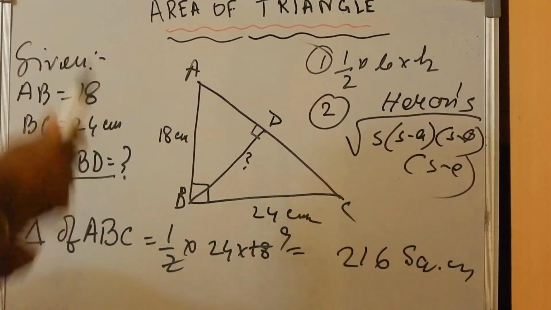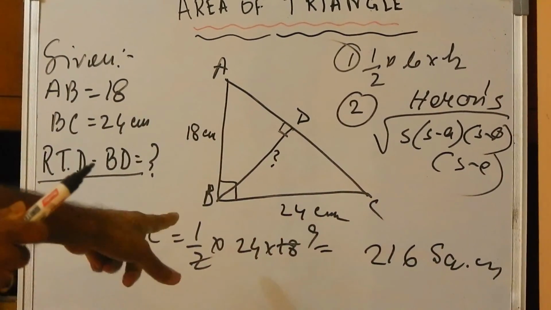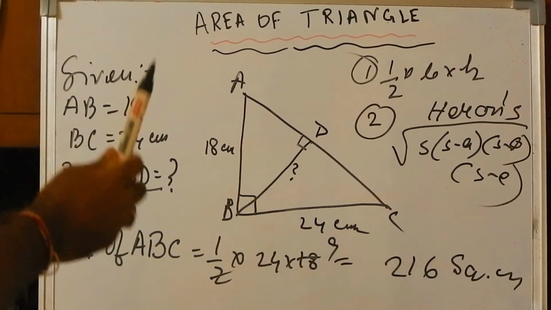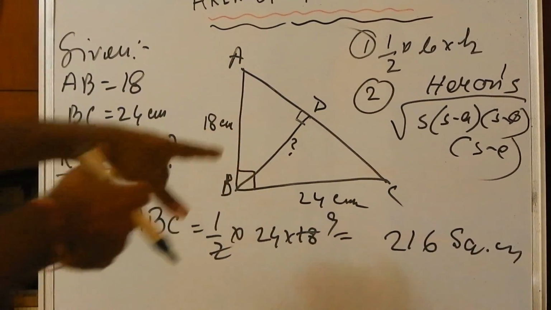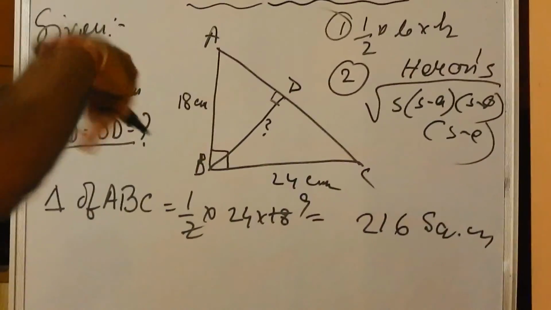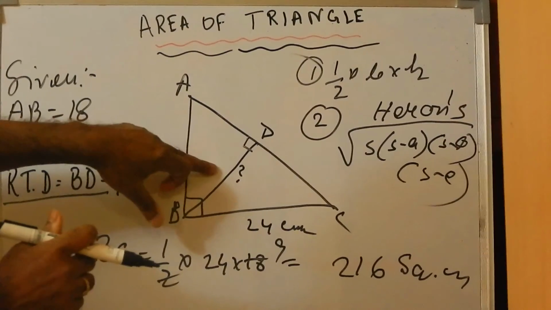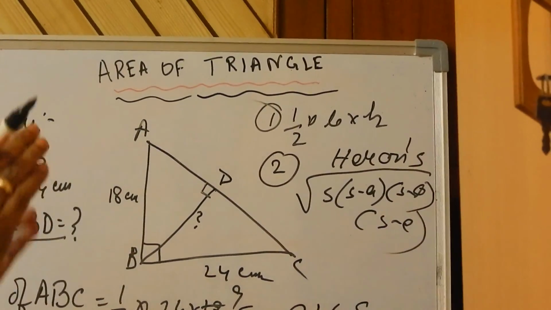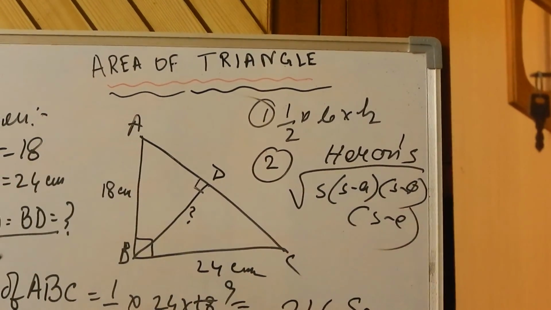So again I repeat, why did we derive the area of the whole triangle ABC from the given clue? Because our motive is that, in some alternate way, using BD, we will derive another area. It will contain BD as unknown, then we will equate the two and easily derive the length of BD.